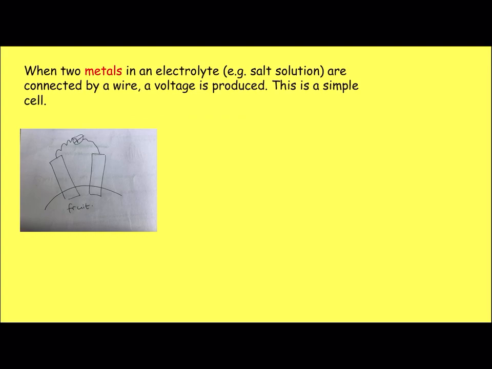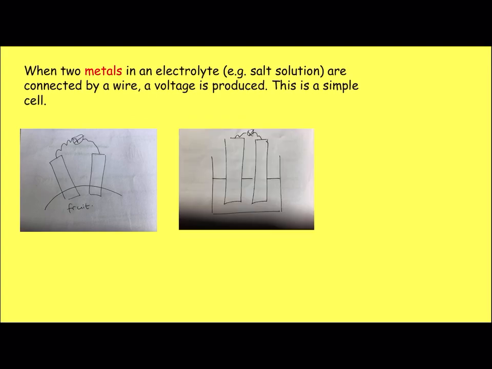Now, that's a very simple experiment. You may have done it at primary school, where you could change the fruit and the bulb might light up brighter, or you could measure the voltage and get a different voltage with different fruits, or you could change the metals and get a different voltage with different metals.